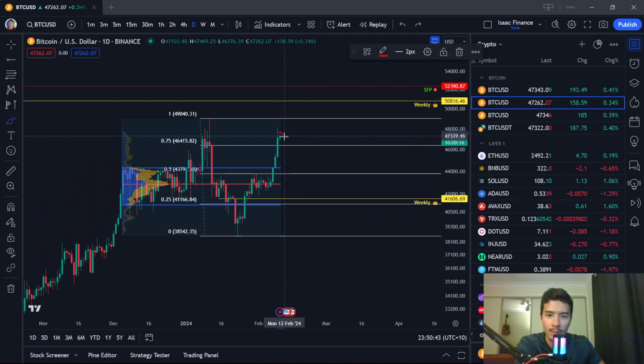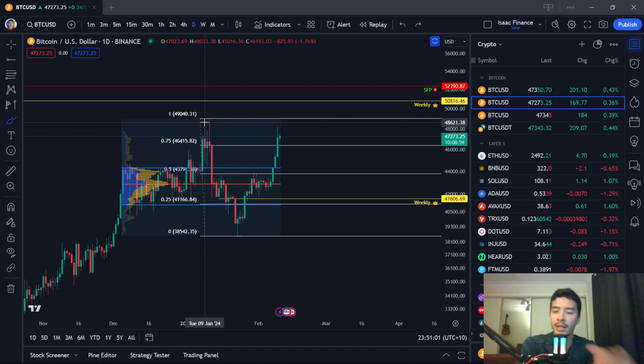But what I would like to see is it break down here and break down into that and then come back in through that again. That's going to be quite hard. The reason I don't believe that's going to happen just yet is I would like to see this top taken out. I feel like there's a lot of liquidity up at this top that was going into the ETF.